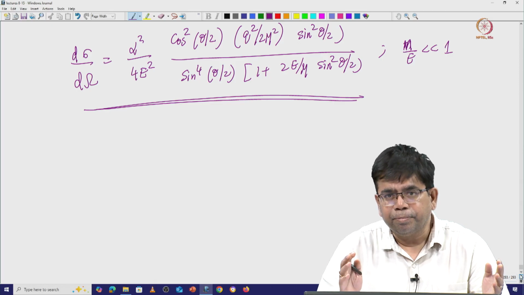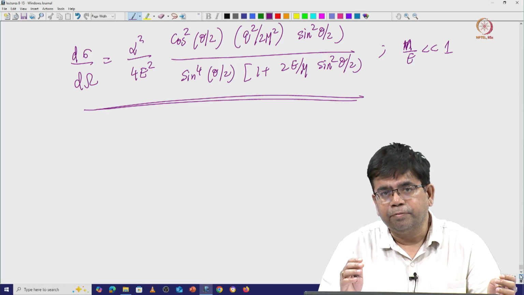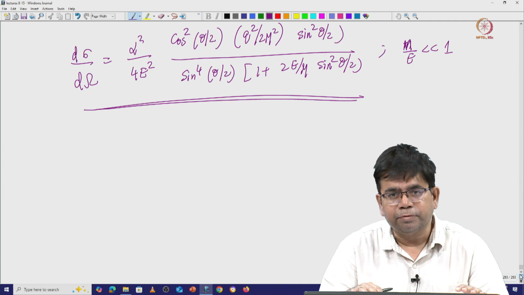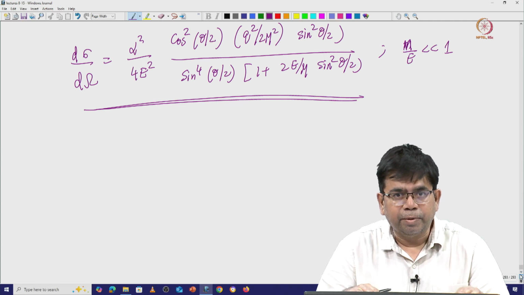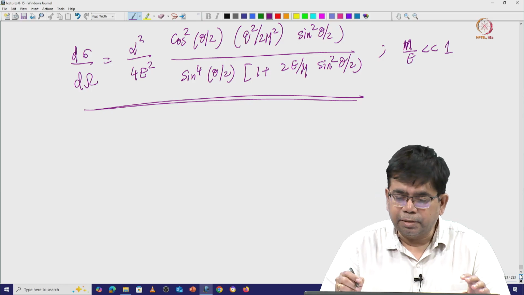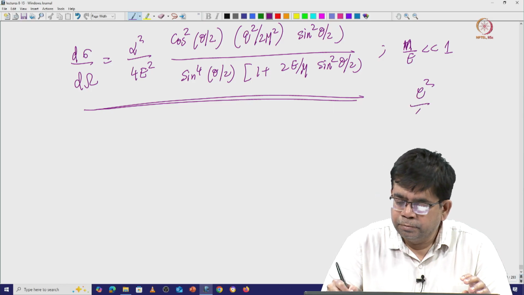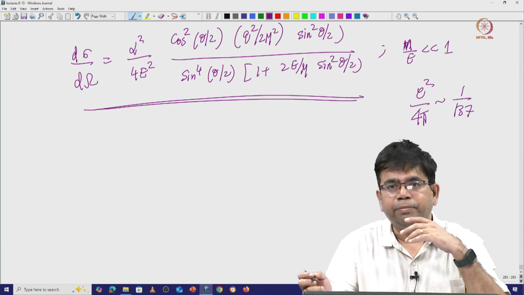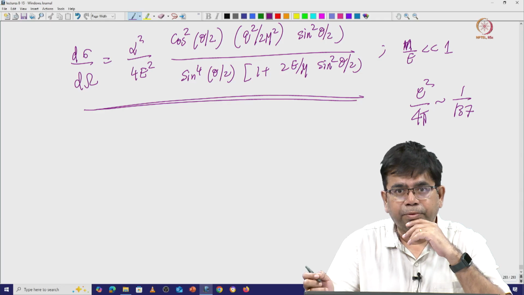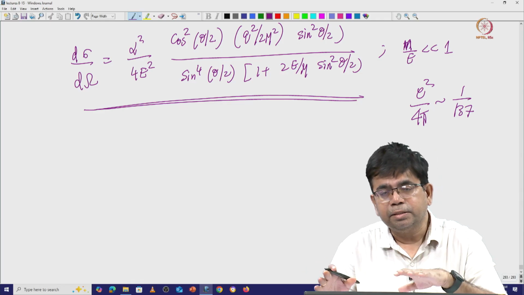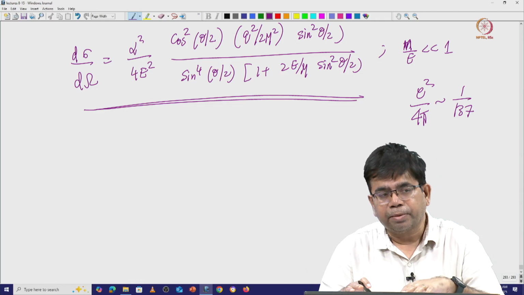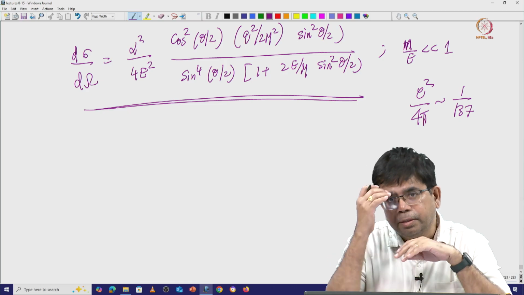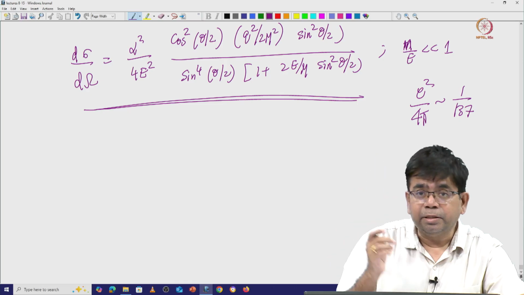There is also one more thing: we have been treating this coupling constant as very tiny, because the electromagnetic coupling constant e²/4π is roughly 1/137, which is a very small number. But are there any cases where these Green's function methods work very well also? Yes, actually it does work.